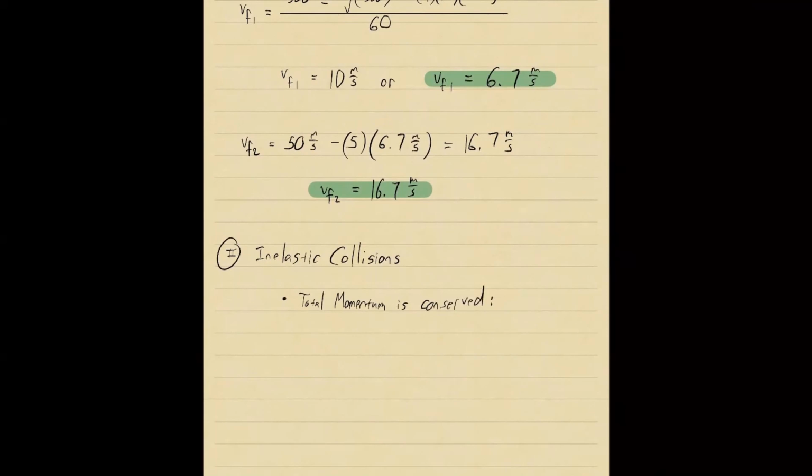So the initial momentum of our system is equal to the final momentum of our system after the collision. So this is true for both elastic and inelastic. But the main difference between elastic and inelastic collisions is that for an inelastic collision, the kinetic energy is not conserved.